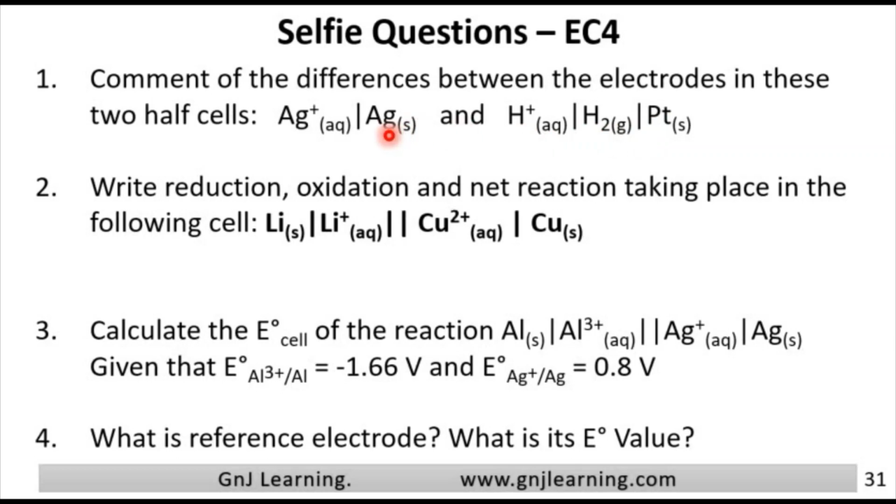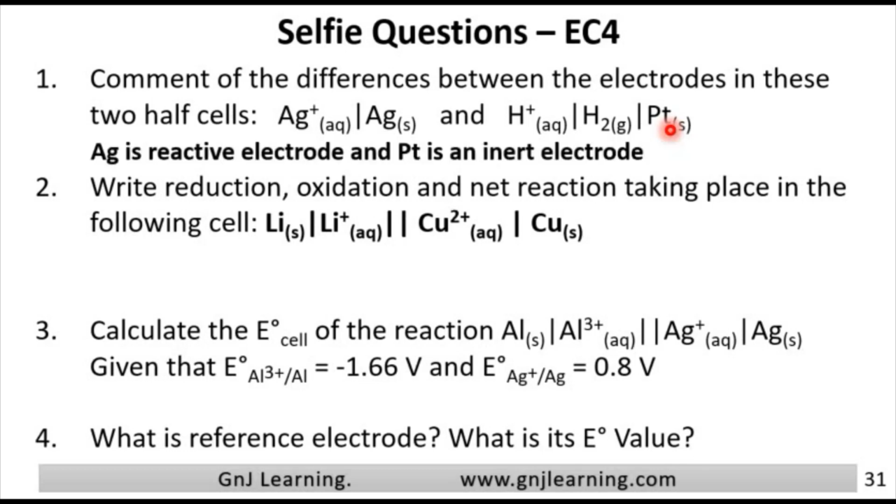That means Ag is a reactive electrode and platinum is an inert electrode. So that's the difference. Ag will react, whereas platinum in SHE will not react. It just supports H2.